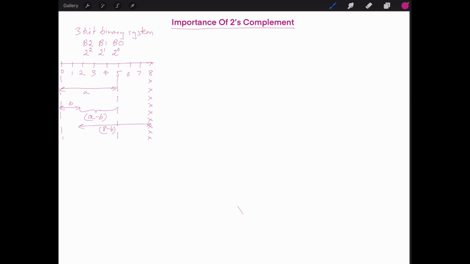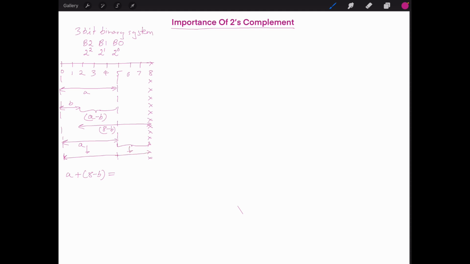Let's try to add A with 8 minus B. In order to do that, let me redraw the A here. So what we're trying to do is A plus 8 minus B. When you do that, you can see here the quantity A is going to come in as this, and this portion of 8 minus B would also come in.